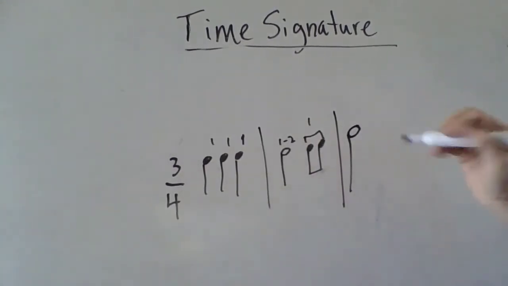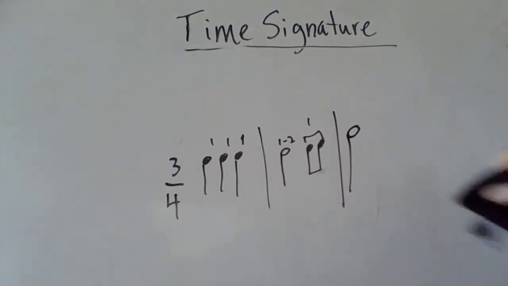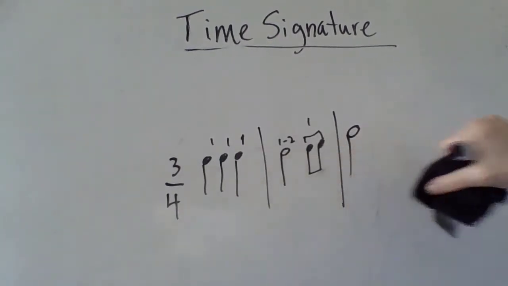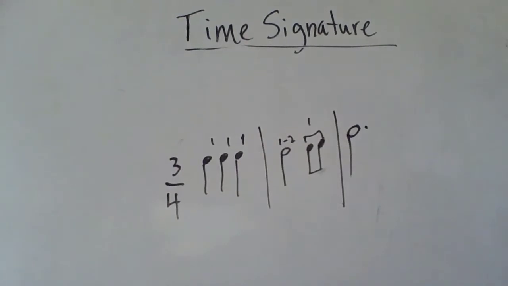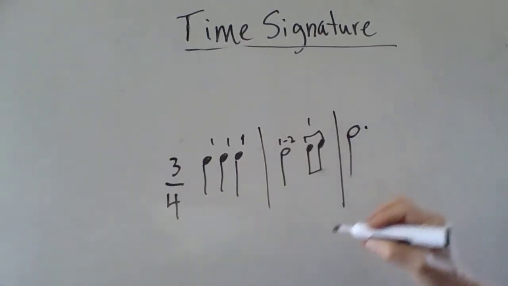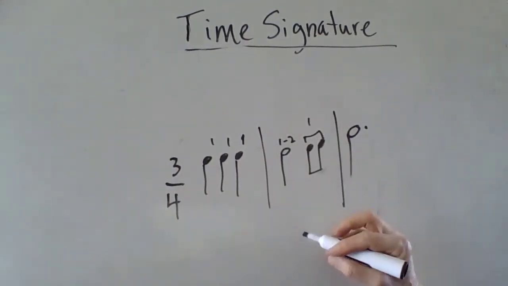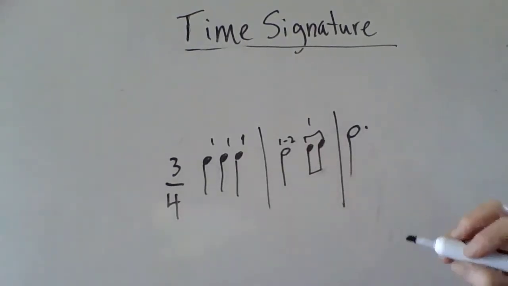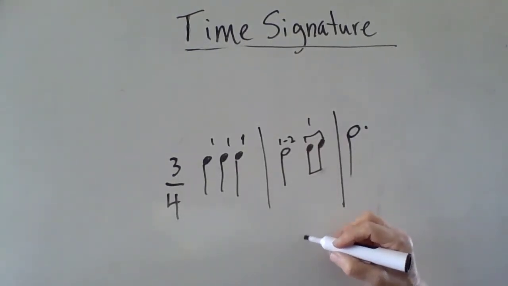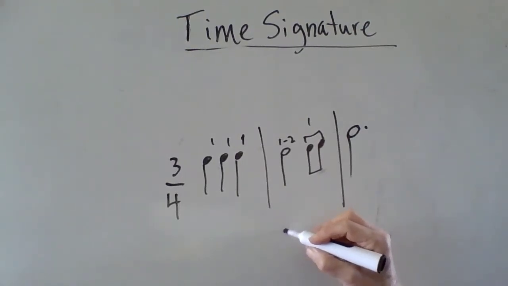Now here's the interesting thing. The interesting thing about this note now, this is a dotted half, and it's common to confuse the dot found here in the dotted note with the dot in the staccato marking.